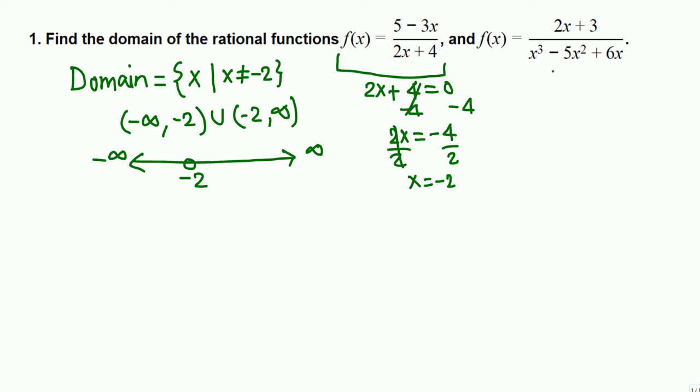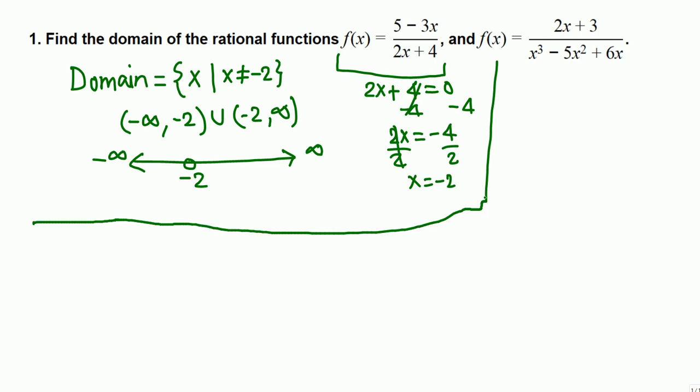Okay, so let's go for the second function. Same thing, this function is defined as long as the bottom is not 0. So we want to find the x values that make the bottom 0. Let me use a different color: x cubed minus 5x squared plus 6x.